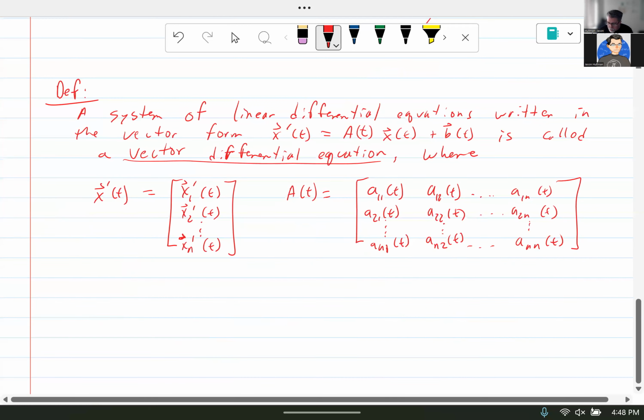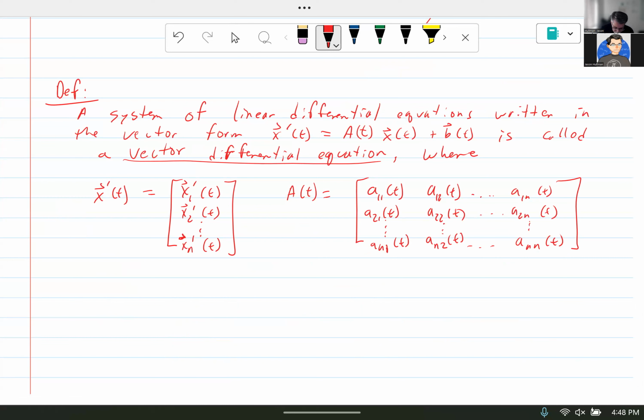Okay, so it's a square matrix. And then B of t is equal to things that don't involve x1s or x2s. It's just b1 of t, b2 of t, all the way to bn of t.